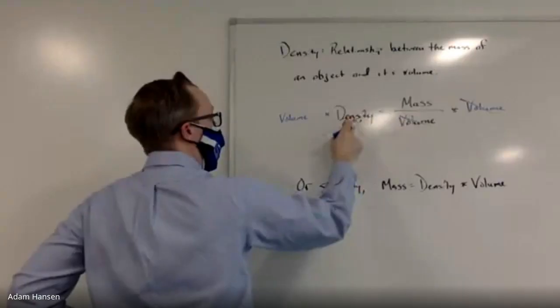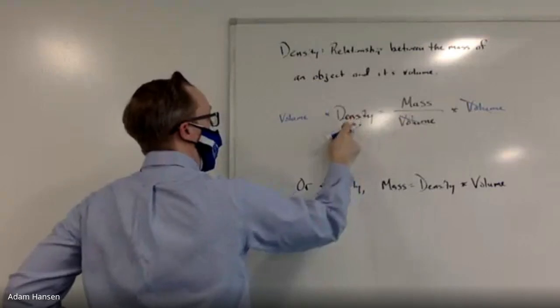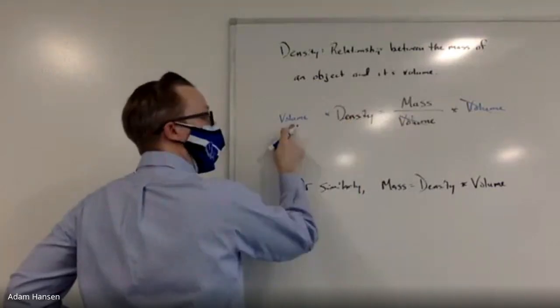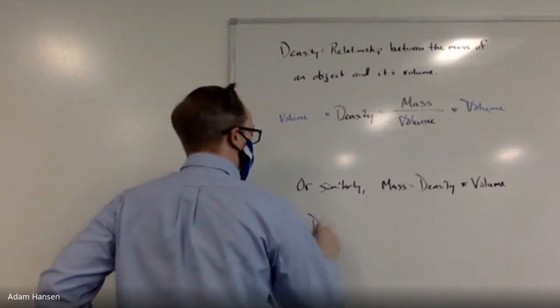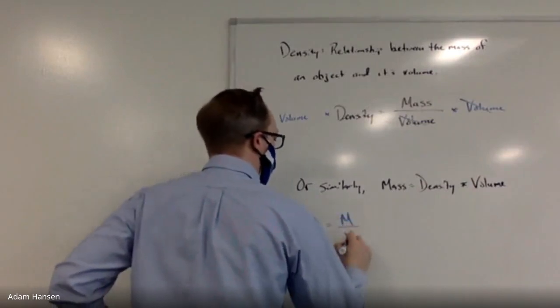So now I have the mass equal to density times volume, which you can see right here. Similarly, if I solve for mass, mass is equal to the density of an object times the volume of the object. Density is mass divided by volume.